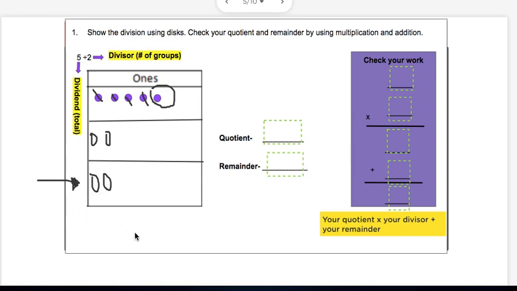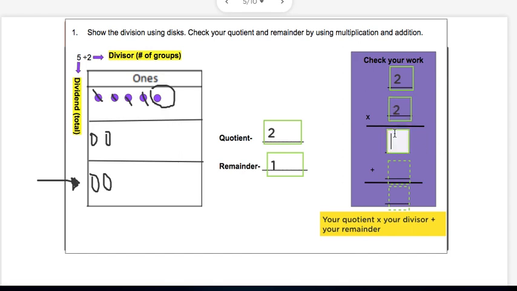How many are inside this 1 group? 2. So my quotient is 2. And how many did I have left over? 1. So my remainder is 1. Let's check our work. Take my quotient. What's my quotient? Good, 2. Times my divisor. What's my divisor? Remember, it's the smaller number in your equation.